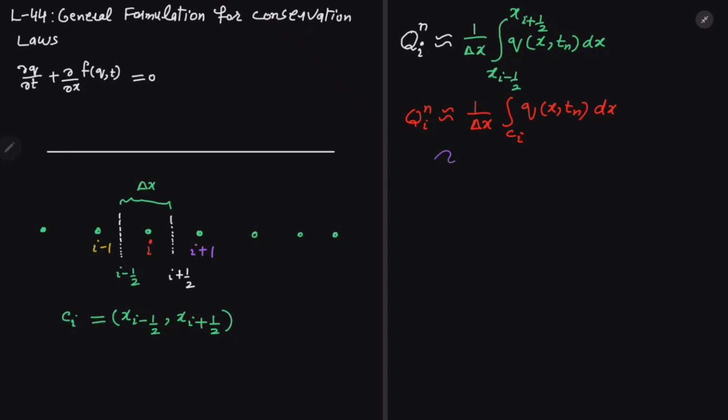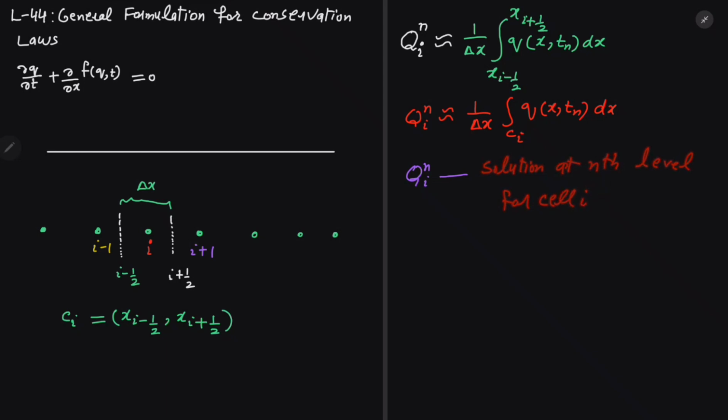So Q_i^n means the numerical solution at nth level for cell i.